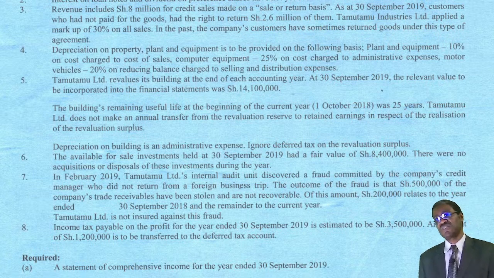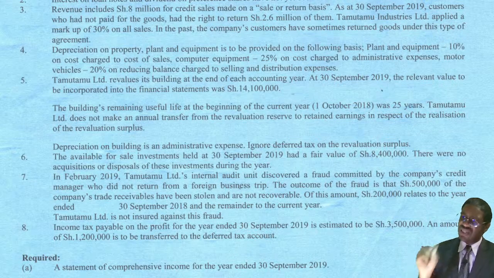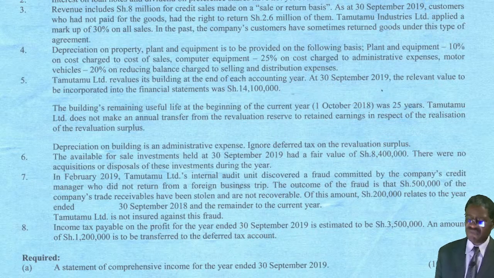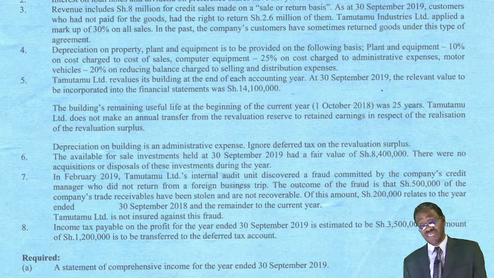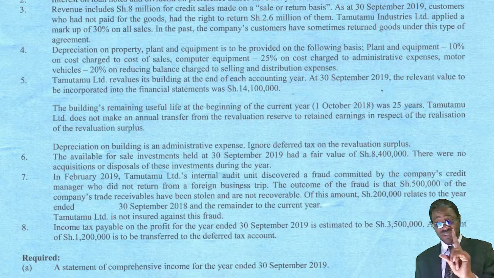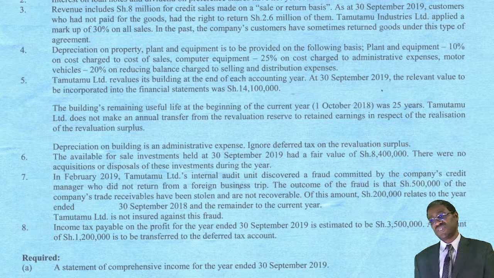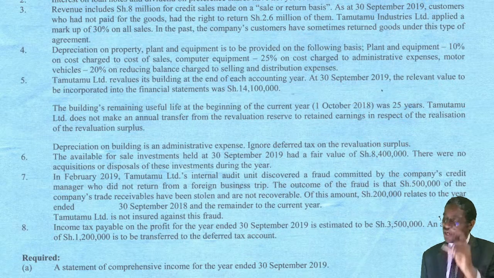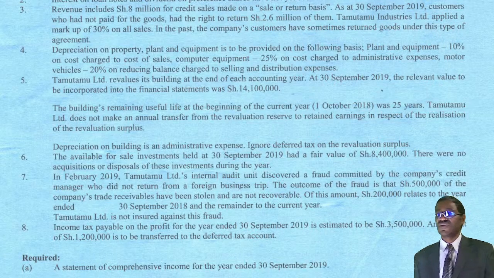That's where we are starting. 500,000 is a loss, which will never be recovered. So this year, in our income statement for the current year, we must recognize a loss of 300. 200 was for last year, 300 is for this year. So this year we must recognize a loss of 300 as a bad debt. Okay?